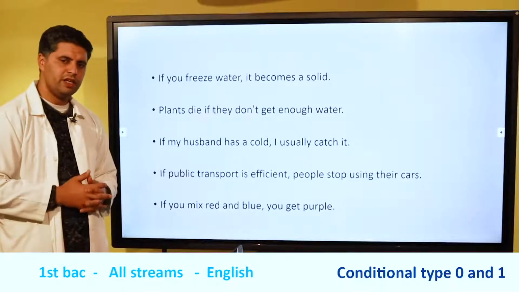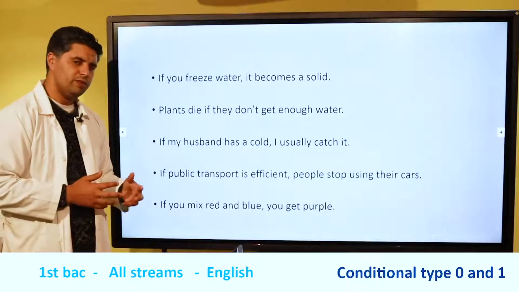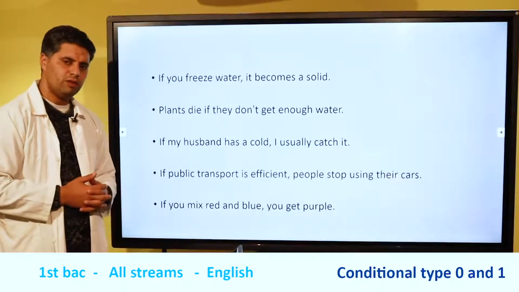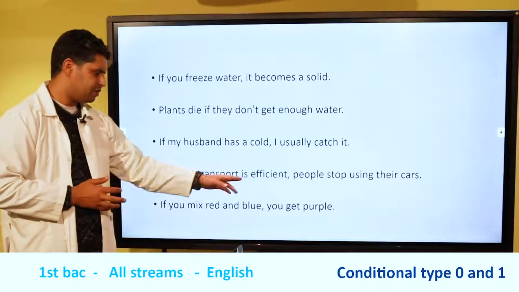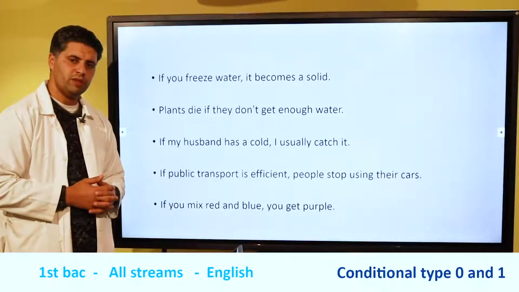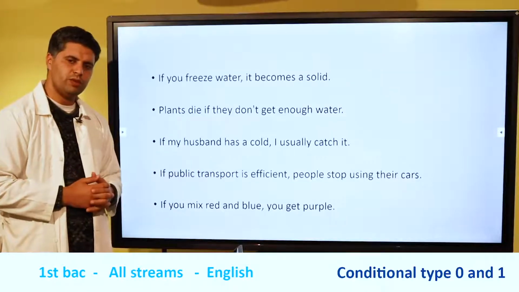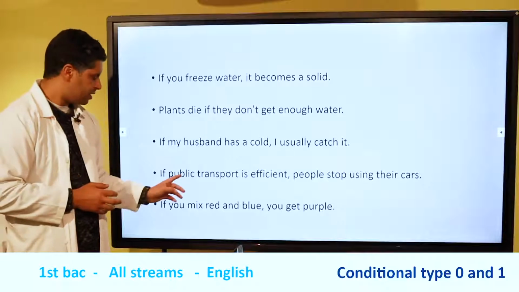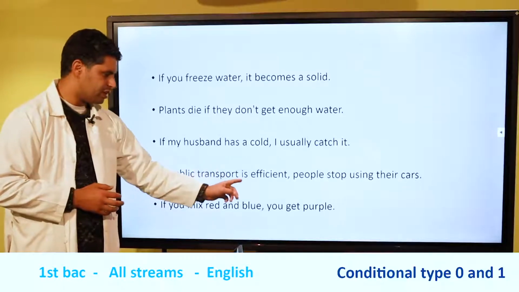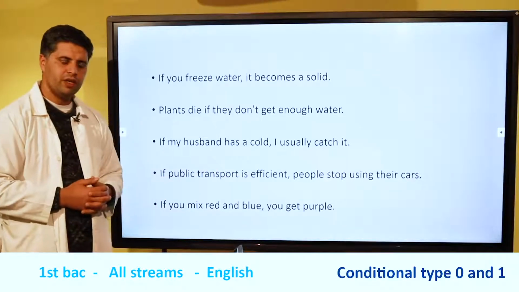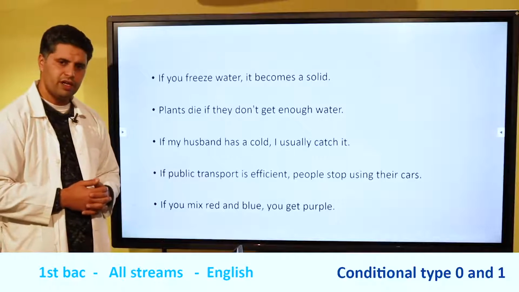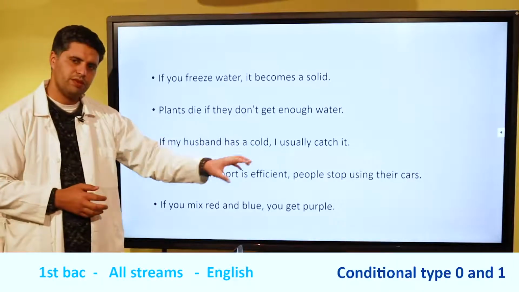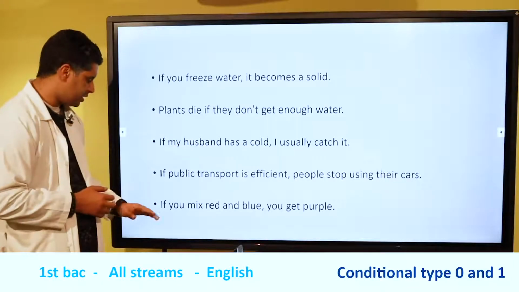The verb to be is like any other verb. The verb to be can be conjugated with all the tenses that we have in English. So here the verb to be is conjugated in the present simple. Why? Because we need to use the present simple. So if public transport is efficient, people stop using their cars. So present simple, so it is the conditional type 0.